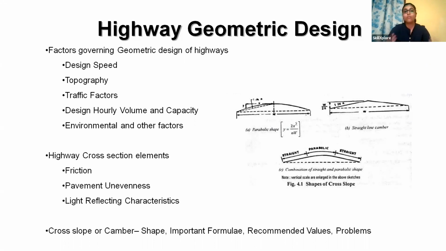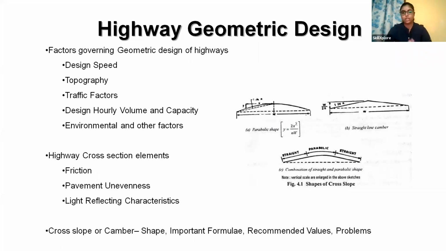I'm just briefing you. So why are we considering design speed as one of the factors governing geometric design? Design speed is the most important characteristic in design. So why is design speed important? While we are considering a pavement, different vehicles will be there.